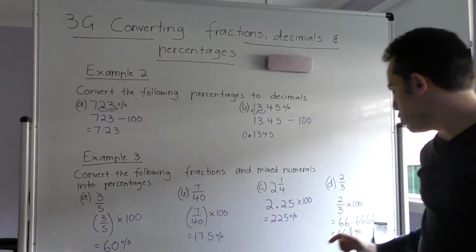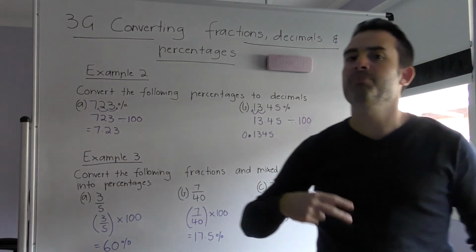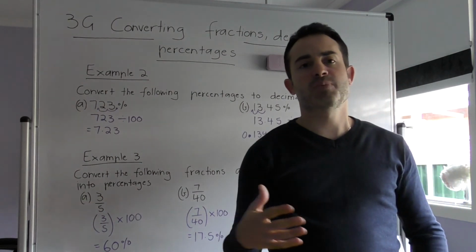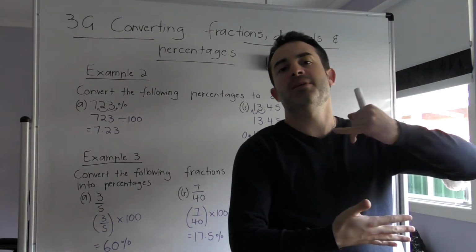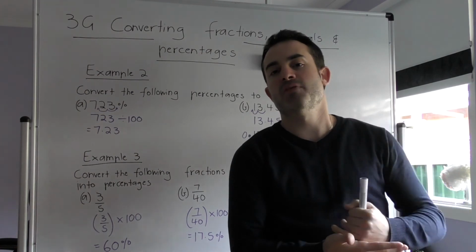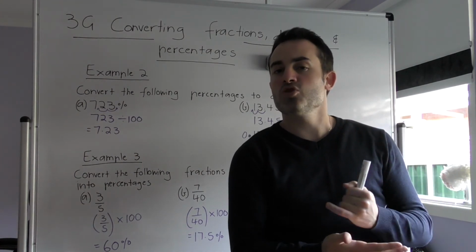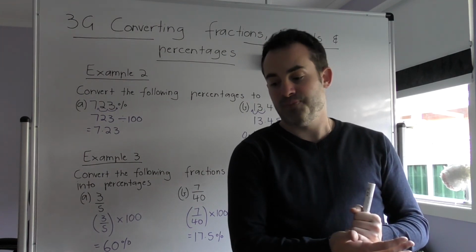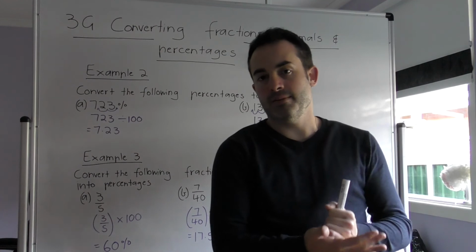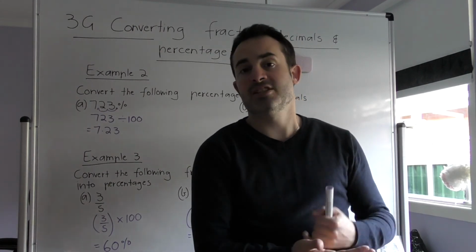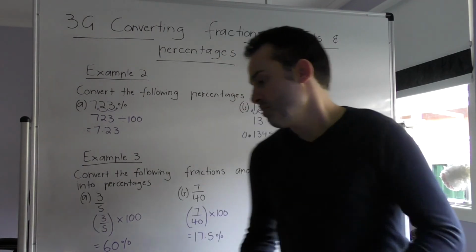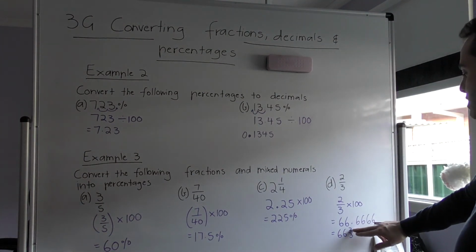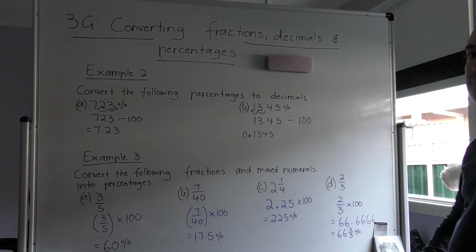If this calculation was part of something bigger, with an extra step needed to get my final answer, and I rounded off to 67, I wouldn't get a very accurate answer in the end, okay? So you have to keep that in mind. That's why I was reluctant to round it off to 67, because I knew that there was another way of doing this. And the other way is to represent it like this, okay?